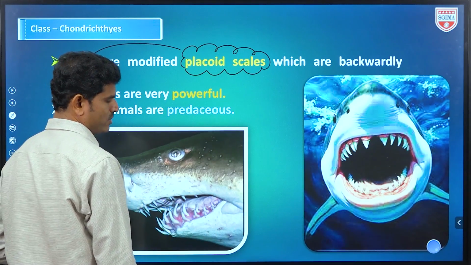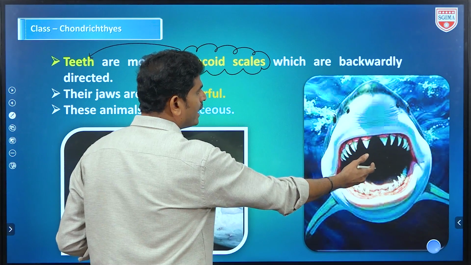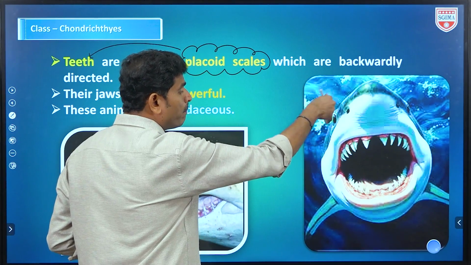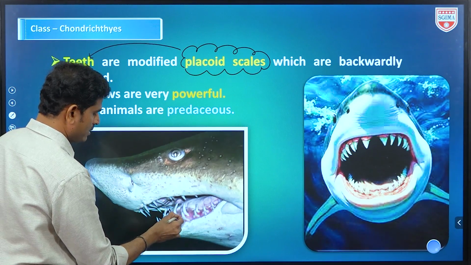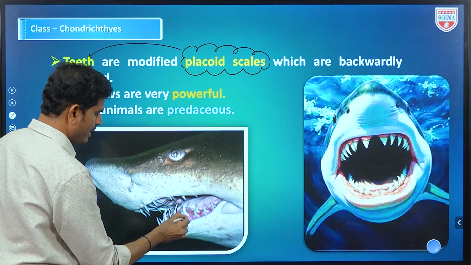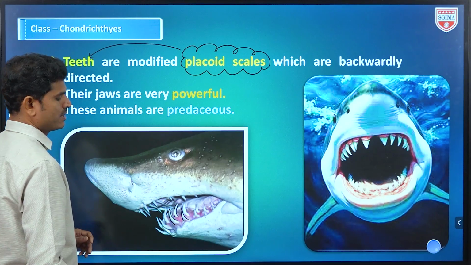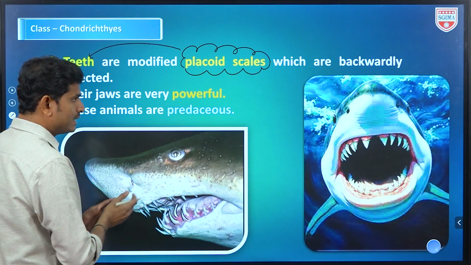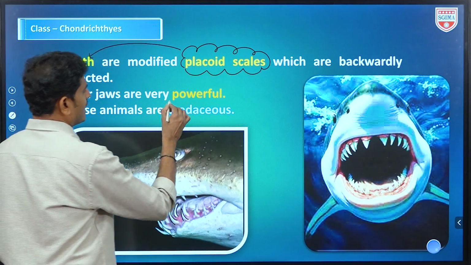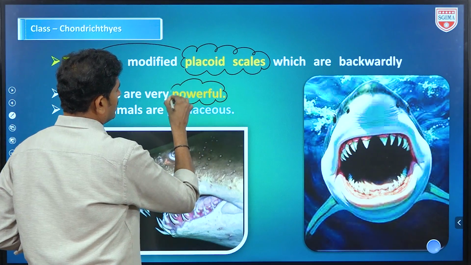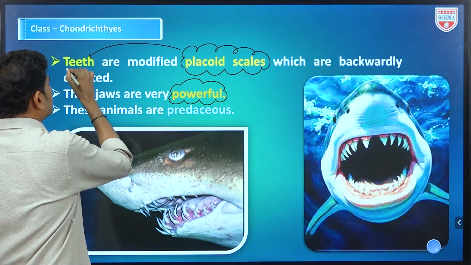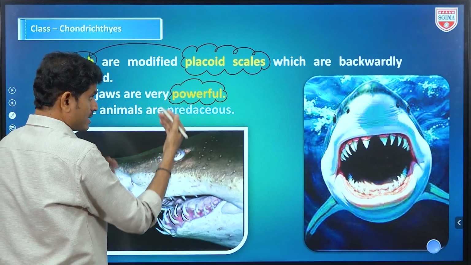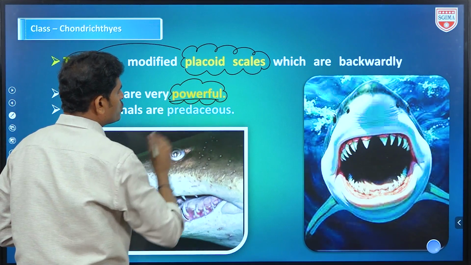Teeth form करते. So these teeth are actually backwardly bent. इधर देखो, backwardly bent, triangular shape teeth. They also contain powerful jaws. So these two: powerful teeth, which are modified scales, and powerful jaw bones.